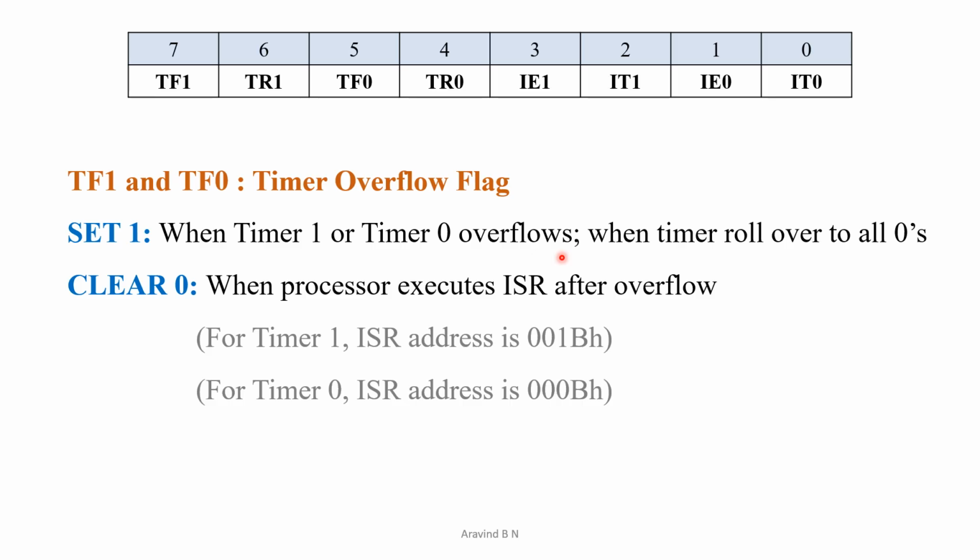That means during the counting operation, if there is a rollover from the highest value to 0, then automatically this bit is going to be set. It will be cleared when the processor executes the ISR, that is the interrupt service routine, after the overflow, and these are the interrupt service routine addresses applicable for timer 1 as well as for timer 0.